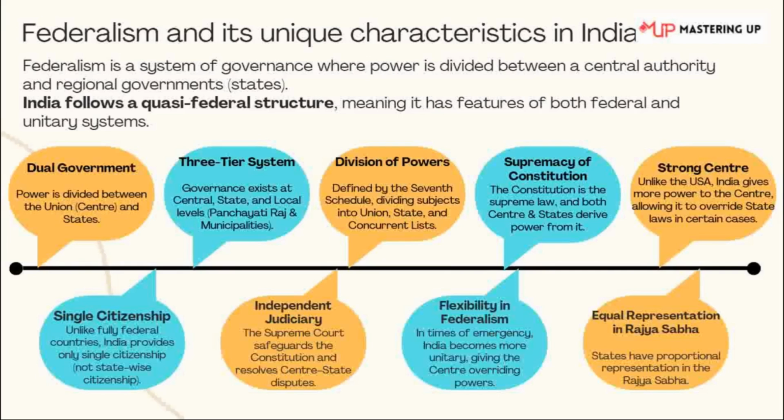Coming together federalism, where smaller states come together to form a big union, example US, Australia. And in holding together federalism, where a big union devolves power among smaller regions, example Canada, India.